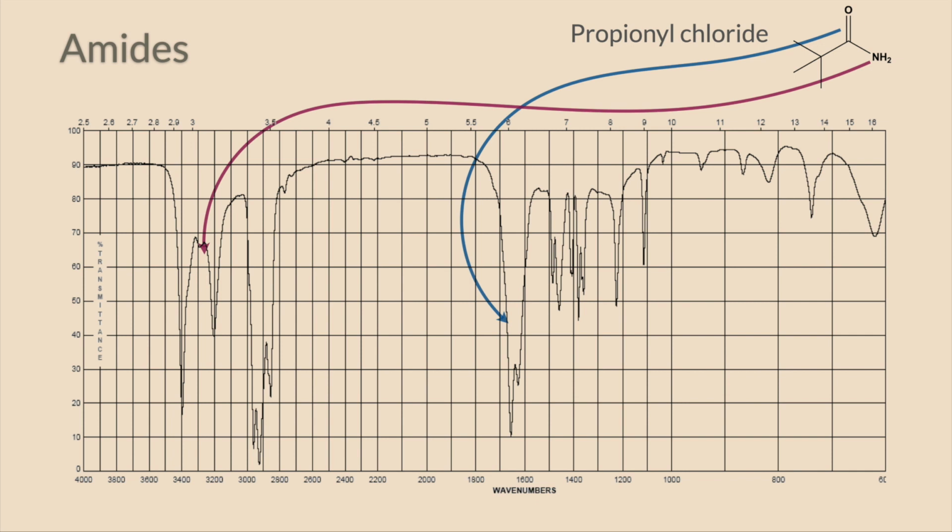If suppose this is a secondary amide, then we'll have only a sharp singlet there, and if it is a tertiary amide, then this region will not be there. This carbonyl stretching frequency is in the region of around 1640 to 1680 wave numbers. So this is about the amides.